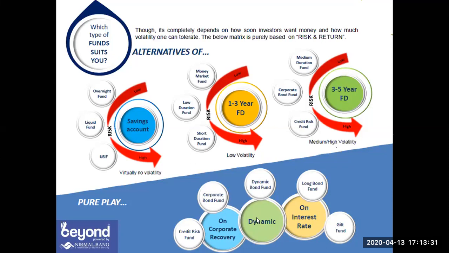Again, I would say within dynamic funds there are different kinds: a few funds are based on an accrual strategy, and a few, like the IDFC dynamic fund, are very aggressively managed. If you look at the maturity of that particular product over the last 1 year, it varies from 6 to 11 or 12 years, if I'm not mistaken.